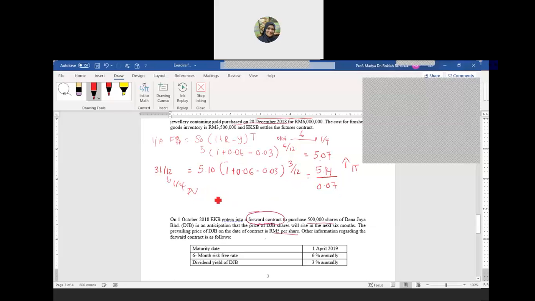So the present value of gain: the difference between the two figures is 0.07, divided by 1 plus r, because this is to find the present value. 1 plus r here is 0.06, and the period during that time is 4 months, so 1 over 4. What do you have for this present value?